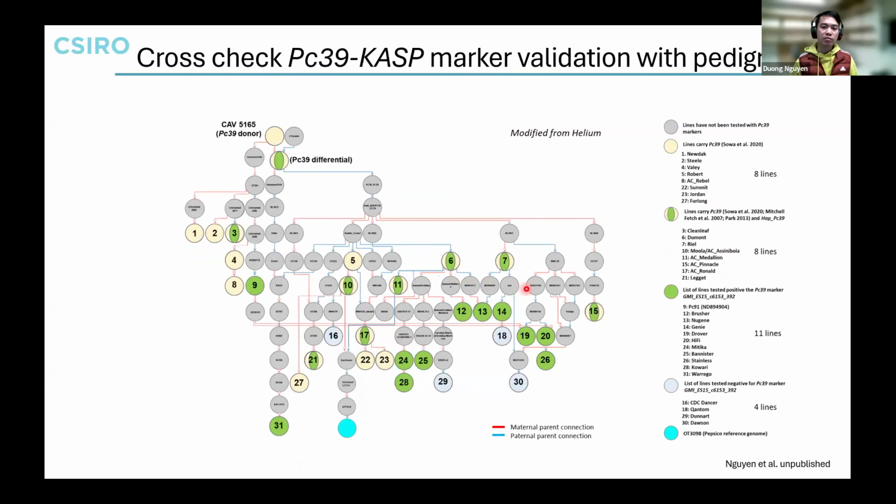The pedigree was converted into the Helium map here. Looking at the map, the lines in green are the ones testing positive for the marker, and the other lines testing positive for the marker in this study and also in the other study are presented by a mixture of green and yellow here.